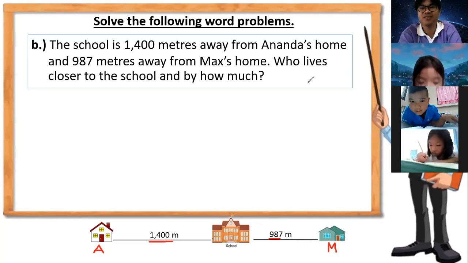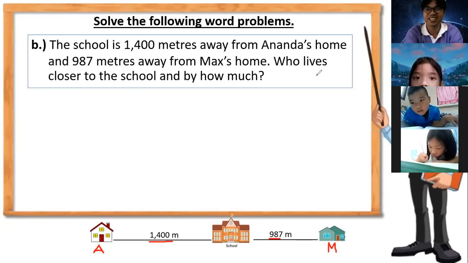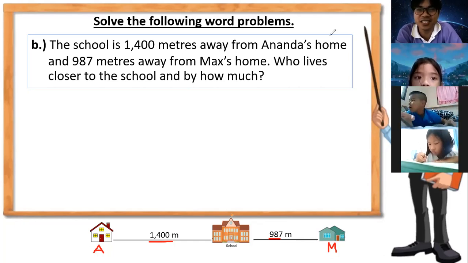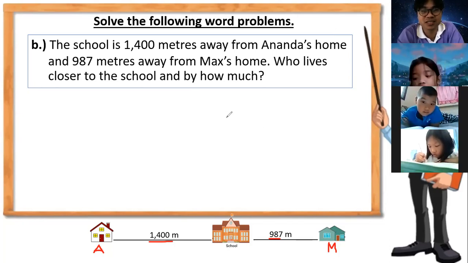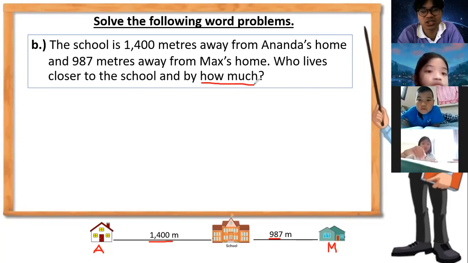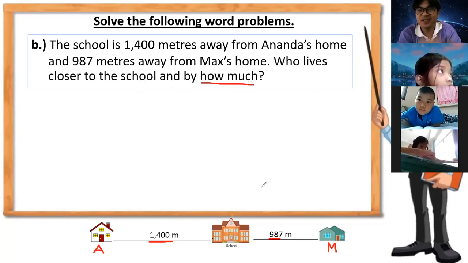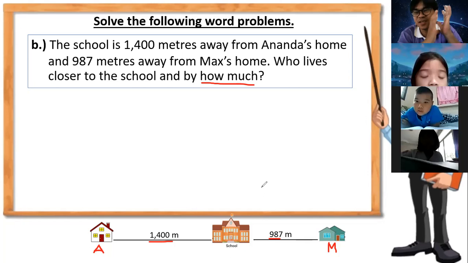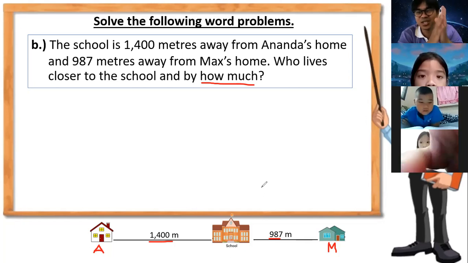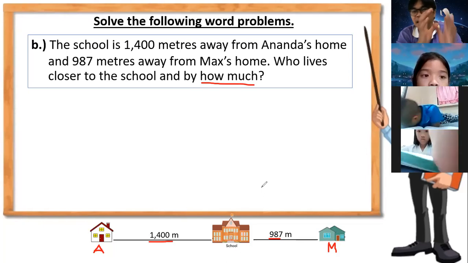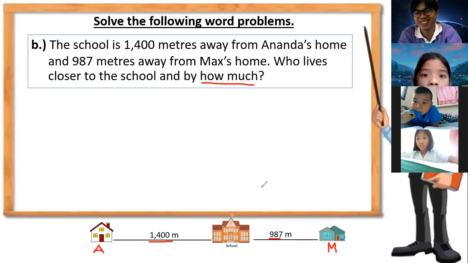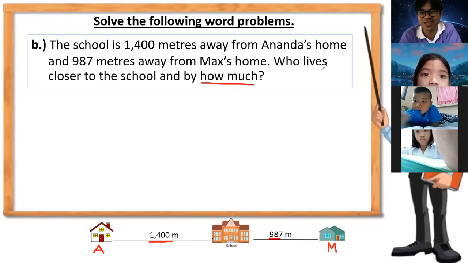Minus. Oh, very good, that's correct. So the correct operation here is subtraction, minus. Why? Because who lives closer to the school and by how much? You need to get the difference between the distance of Amanda's home and Max's home. So minus, very good.